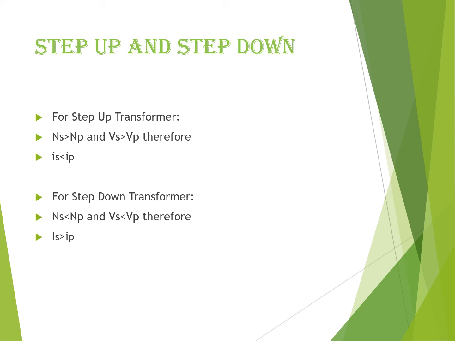So we can say that for a step-up transformer, the current through the secondary coil will be less than the current through the primary coil, whereas in the case of a step-down transformer, the current through the secondary coil will be greater than the current through the primary coil.